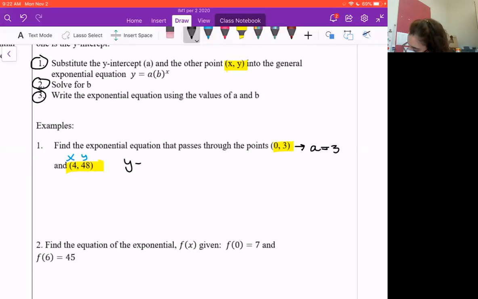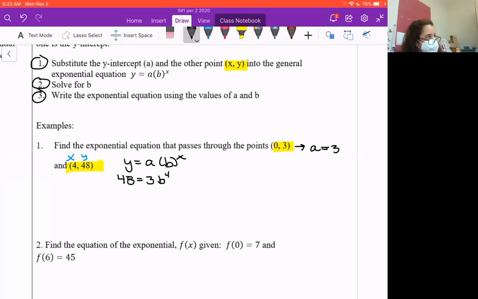So y equals a times b to the x. We're going to put in a equals 3, a 4 for x, and a 48 for y. I'm going to substitute all 3 of those things into this equation. So 48 equals my a, 3, times my b, which I do not know, to the x, which is 4.